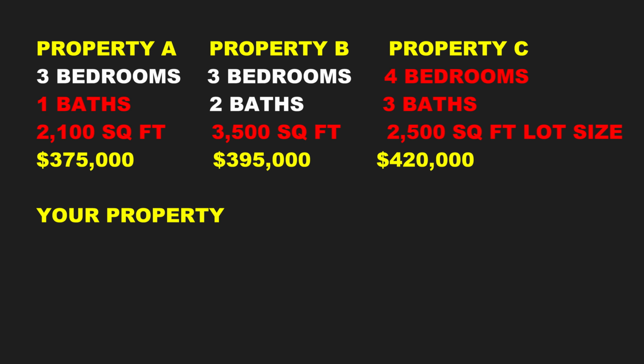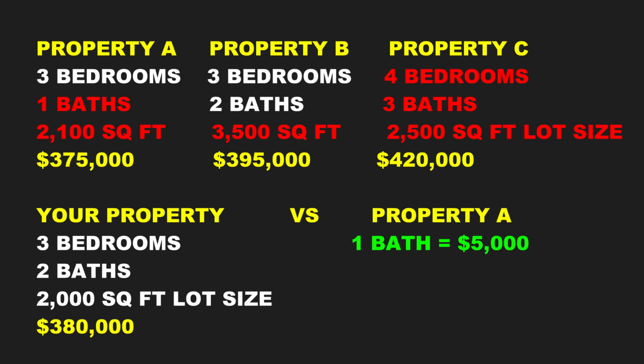For the sake of this video, we're only going to do 1, 2, 3 properties and kind of give you an idea on how to go about it. So your target property versus property A, the difference is bathroom. The price difference is $5,000. We note that $5,000 is the worth of a bathroom, right?